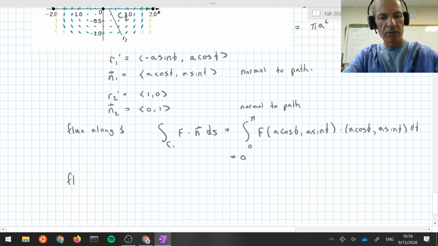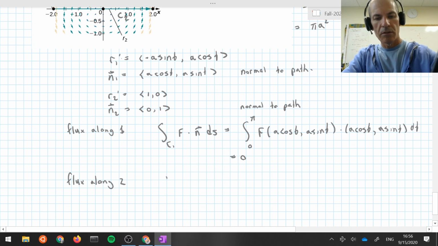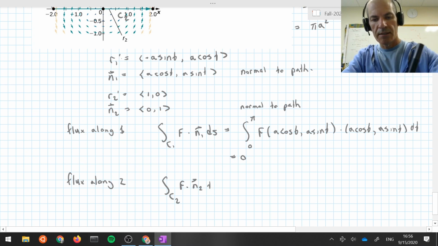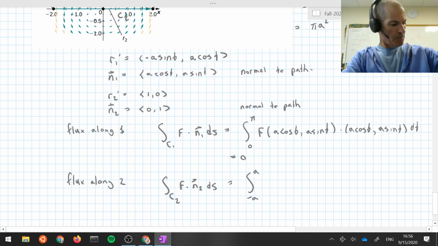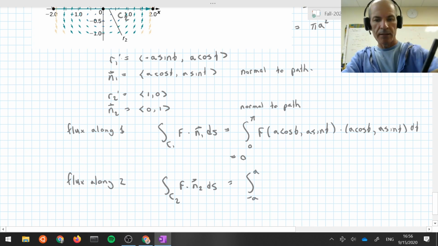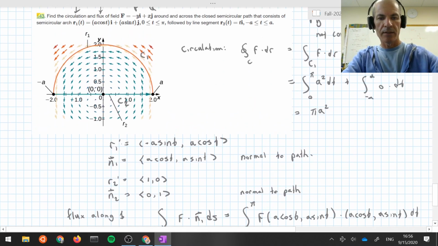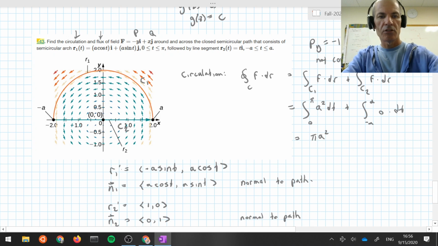And then flux along C2, integral along C2, f dot n2 ds. That's the integral. We're just going to go from minus a to a. And f along this path is just t, 0.